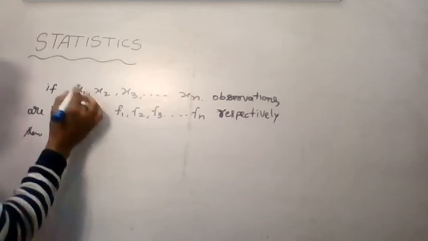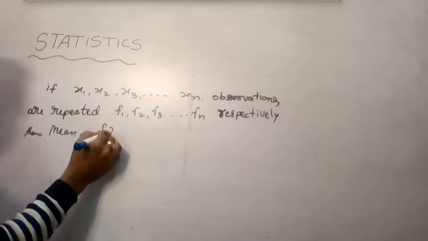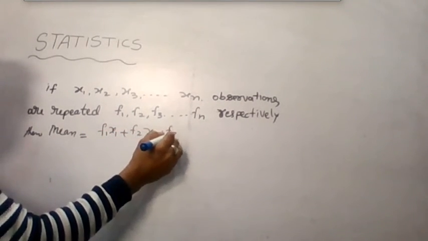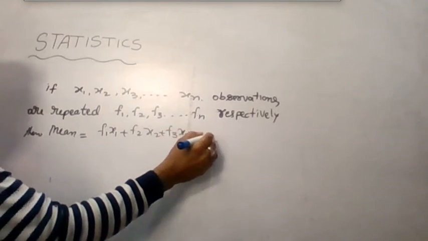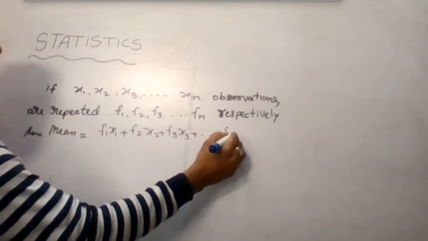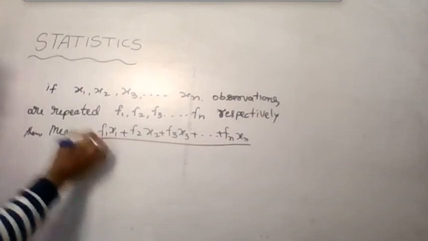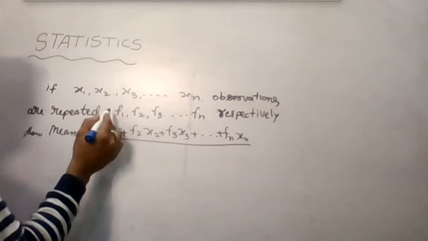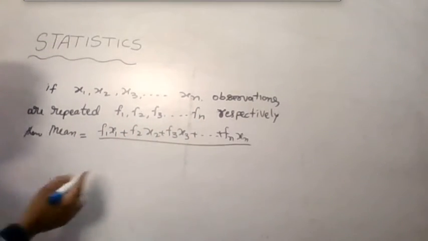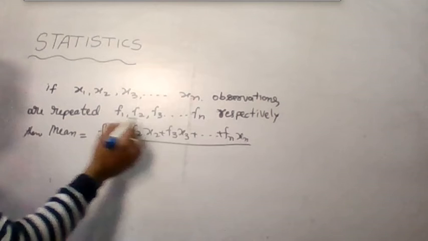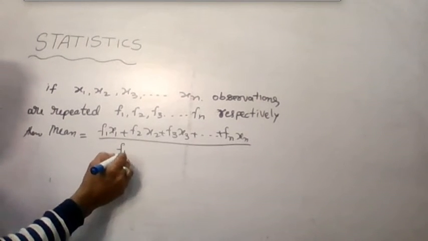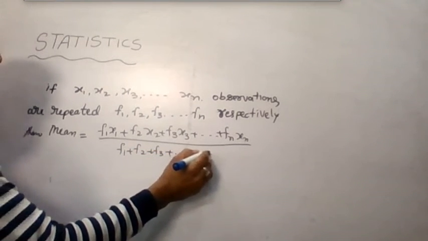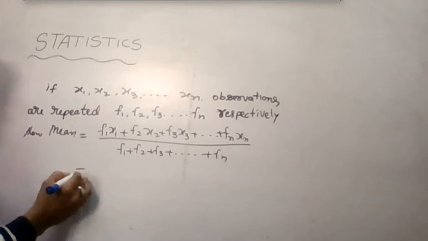The mean will be, multiply them: f1 x1 plus f2 x2 plus f3 x3 so on plus fn xn divided by number of observations. How many times have they repeated? f1, f2, f3 till up to fn. So these are the number of times repeated, that's why we need to add them: f1 plus f2 plus f3 plus so on plus fn.